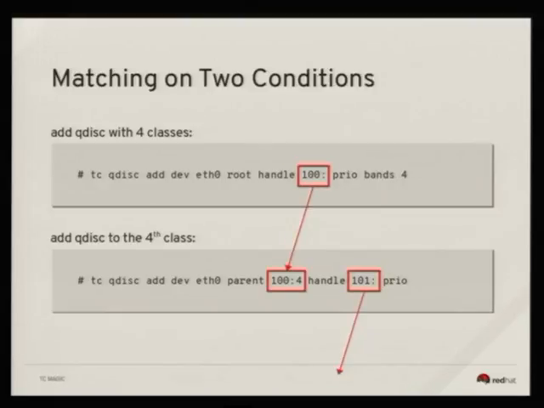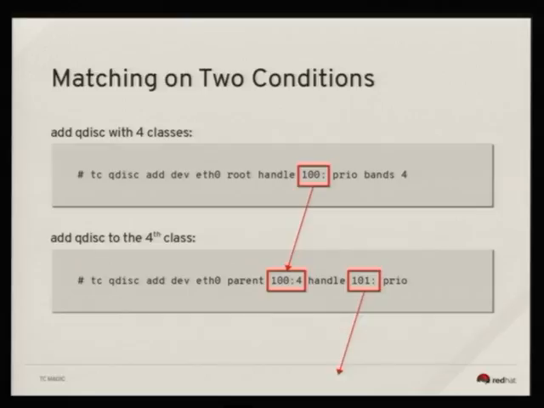So this is the handle of the Qdisc attached to the root. Each class in this Qdisc would be numbered 100:1, 100:2, and so on. So the 4th class is 100:4. And to this class, we add a Qdisc. So instead of root, here we specify parent and the class identifier.